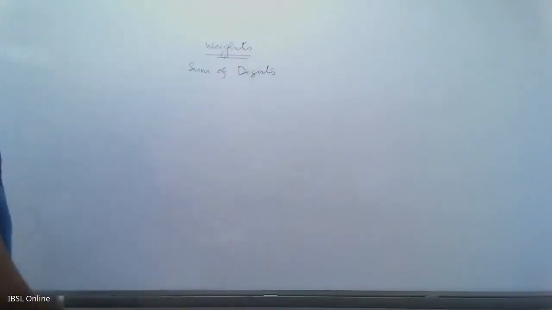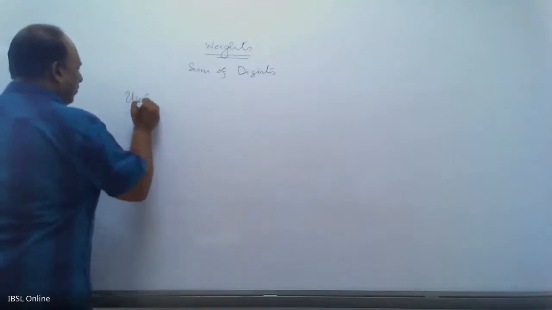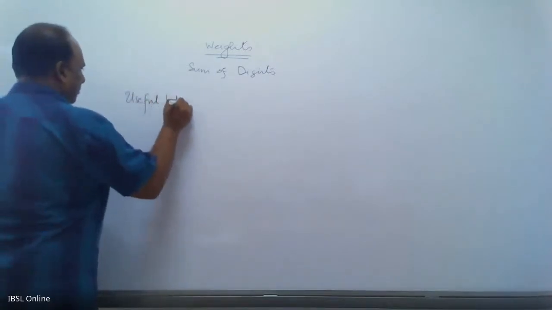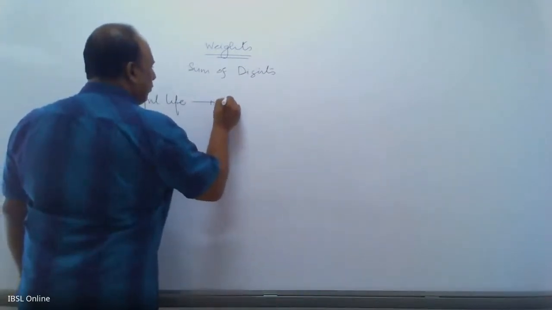The sum of digits is used in various subjects for various purposes. Now here we are going to use it for the purpose of depreciation. Now how does it work? We have something called the useful life. So let's take an example of 5 years.